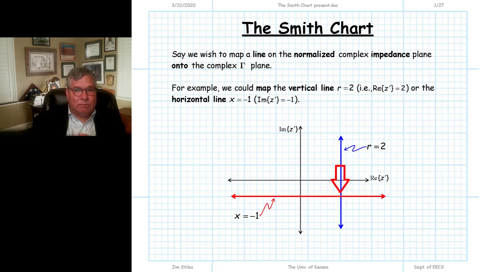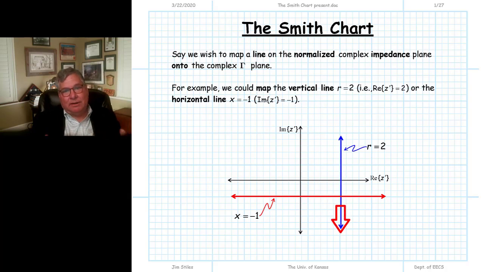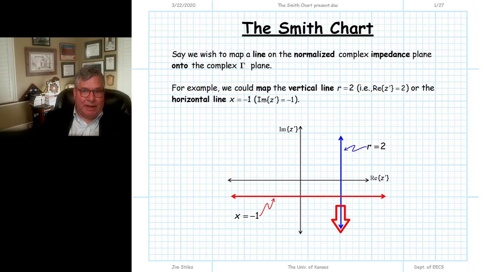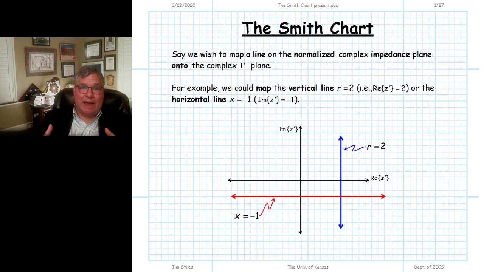Now, let's go the other way. We start at 0, where x is equal to 0 and r is equal to 2, and we move down our blue contour. As we move down, the reactance becomes negative. As we move further down, the reactance becomes more and more negative, and we can eventually approach infinity as we move down the contour. We approach an impedance whose real part is 2, but whose reactance is equal to minus infinity.